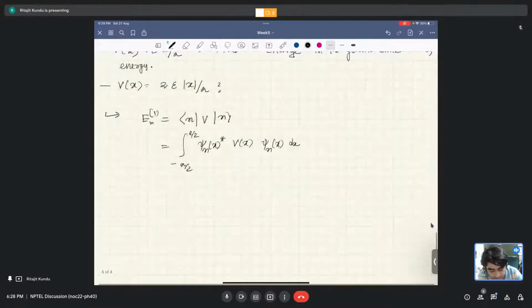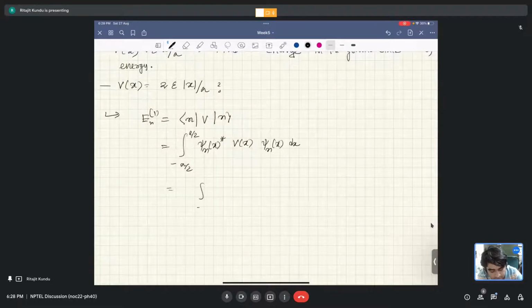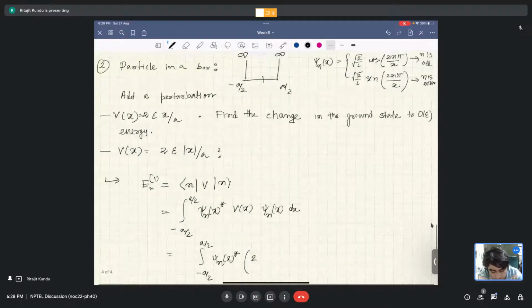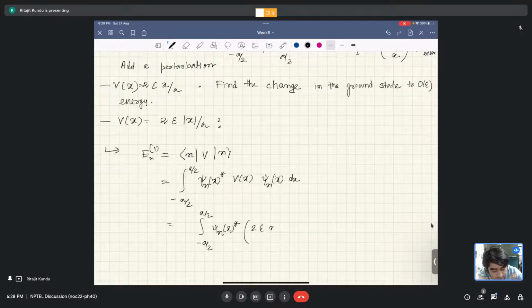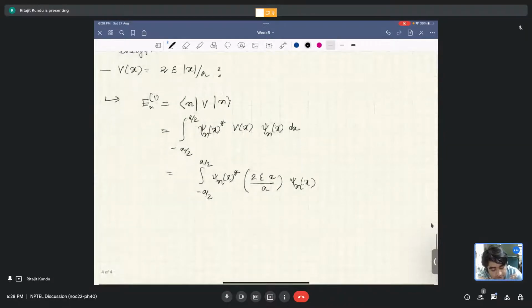Now let's insert the form of V of x. V of x is given by 2 epsilon x by a.